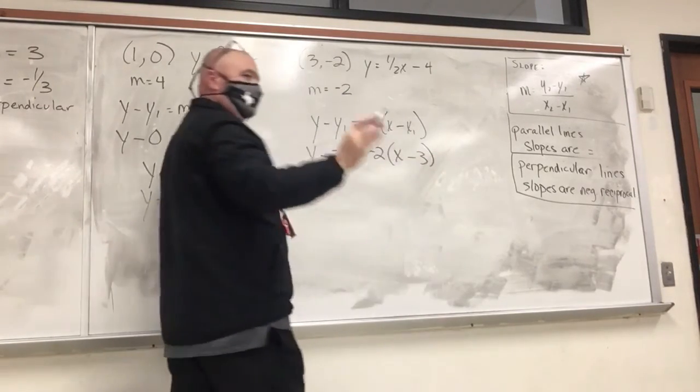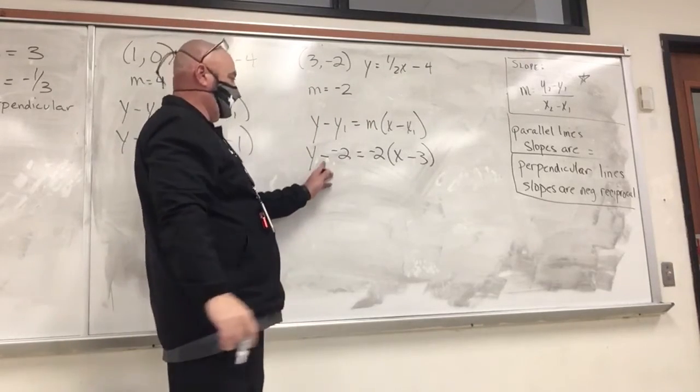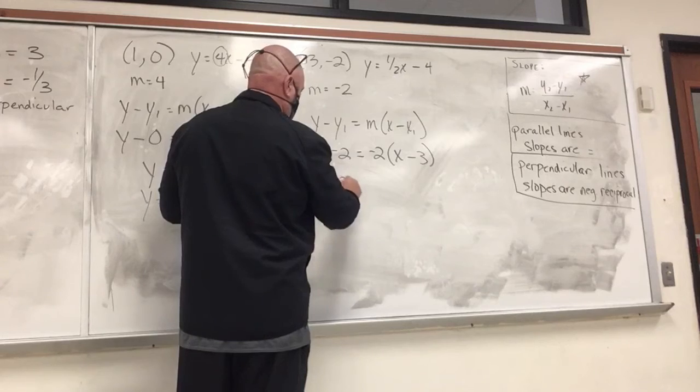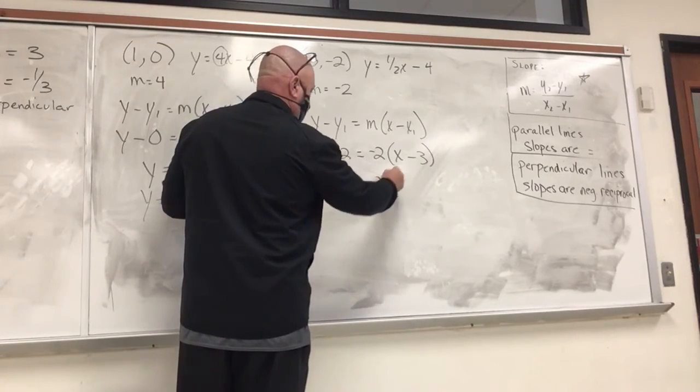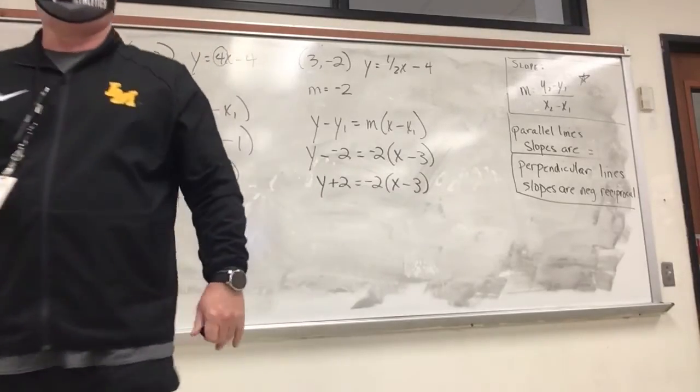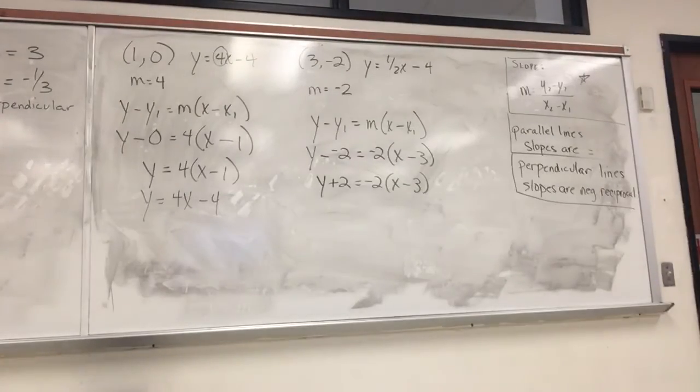All right, change any signs I need to. Minus and negative becomes what? Plus. And that's how I'm gonna leave it. So when it's minus and negative, you would change it to positive.